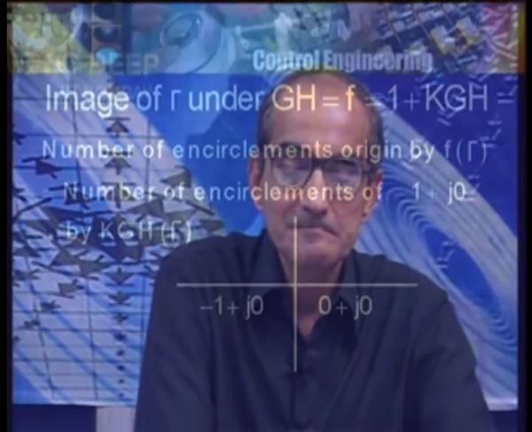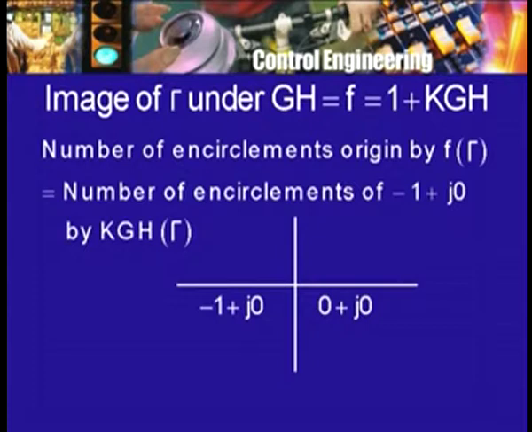The number of encirclements of the origin by f gamma is equal to the number of encirclements of not the origin but of the point minus 1 plus j0 by not f gamma but gh gamma.